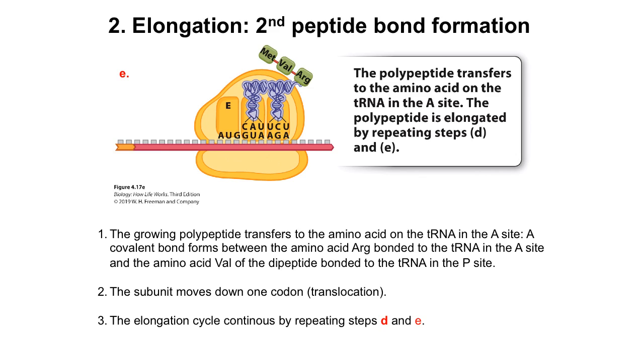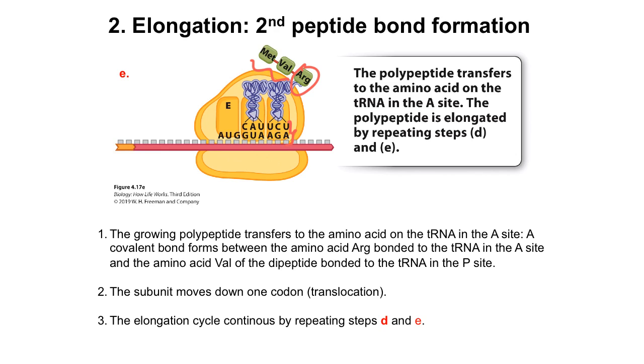So once the third tRNA enters into the A site and positions itself based on anticodon codon pairing, the chemistry happens again in the P site, whereby the growing polypeptide, the dipeptide, transfers to the amino acid that is on the A site.